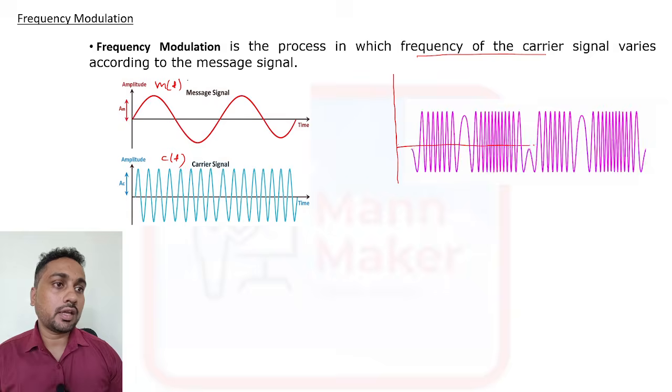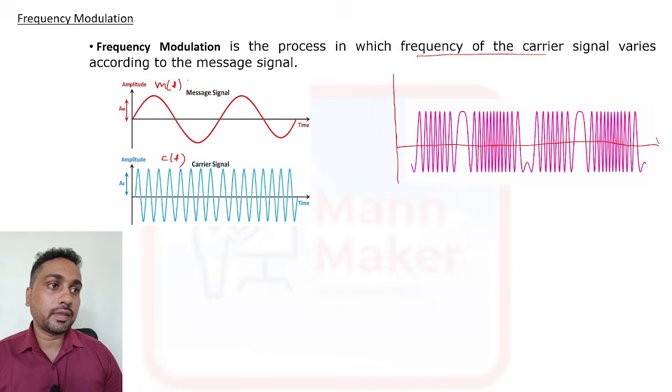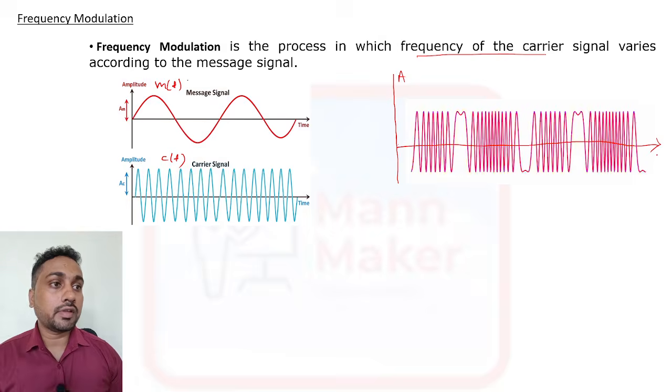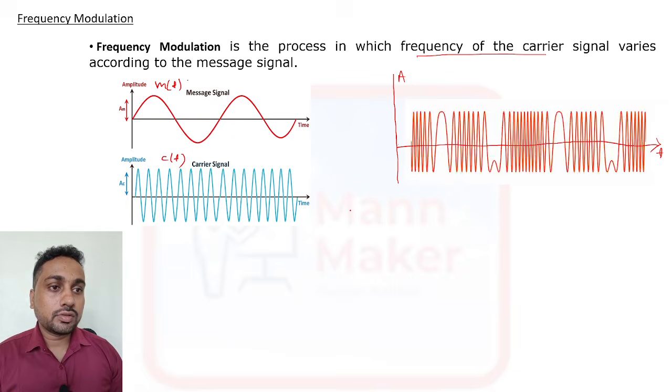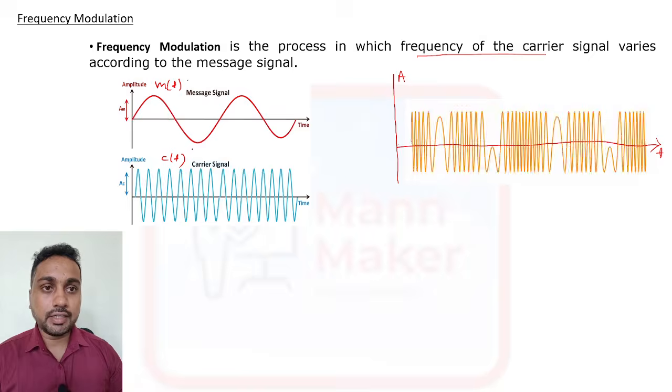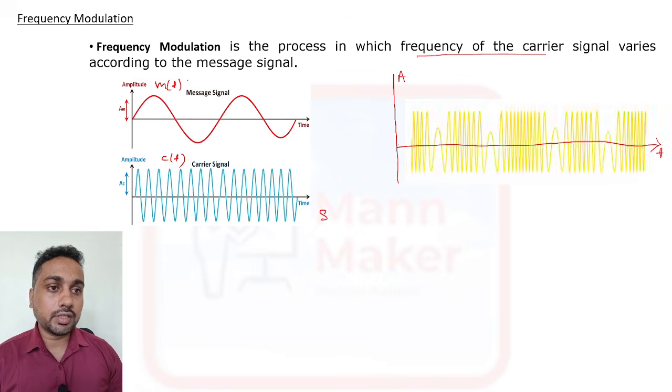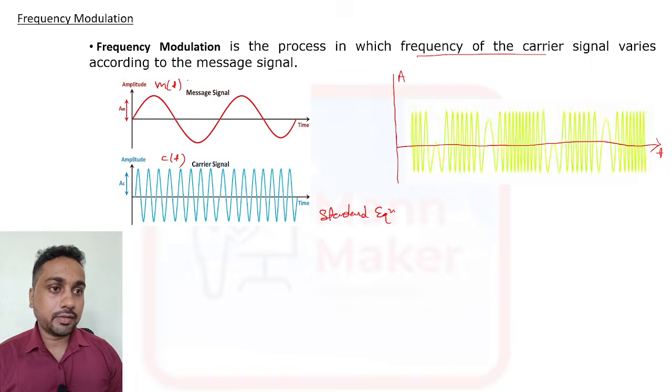This is the FM modulation diagram. Frequency modulation will go like this. So this is how frequency modulation happens. Here also we have the message signal and carrier signal, and here also we will get the standard equation of FM.